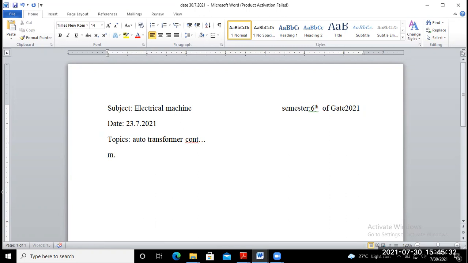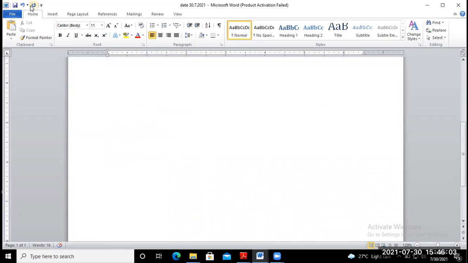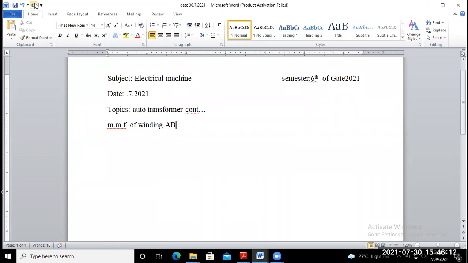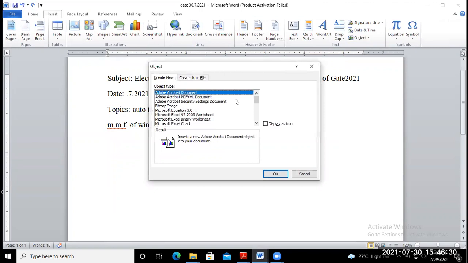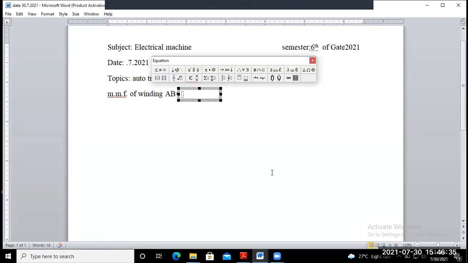The number of turns of the winding AB is N1 minus N2 and the current flowing is I1.